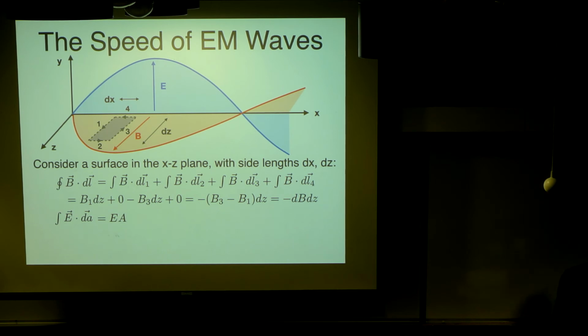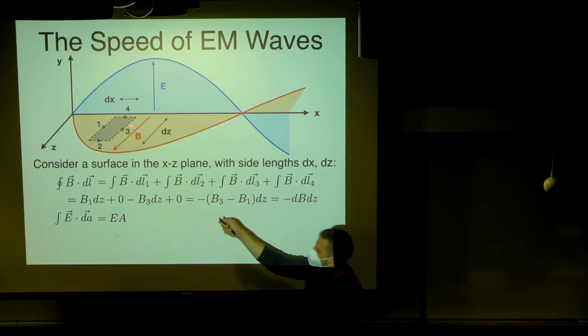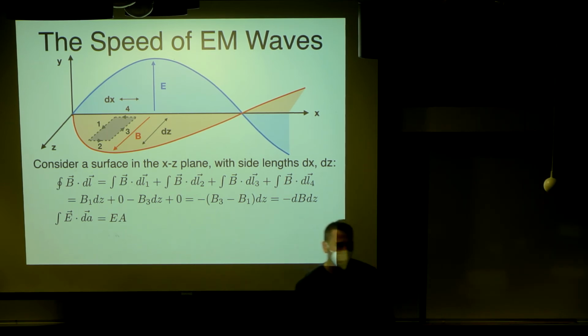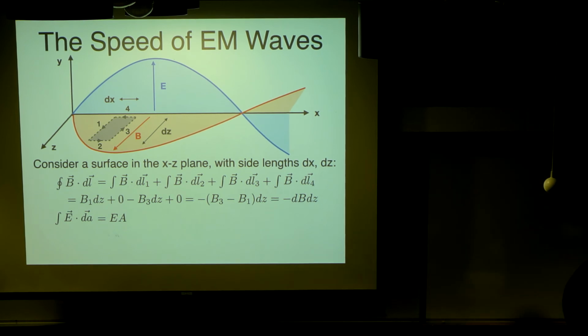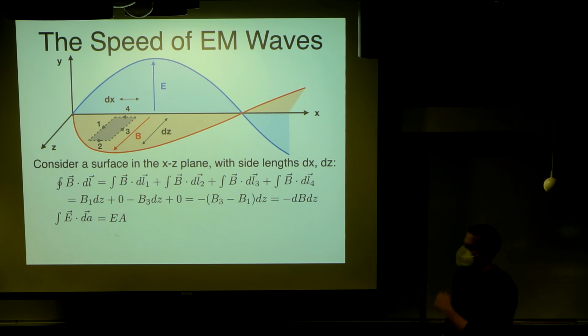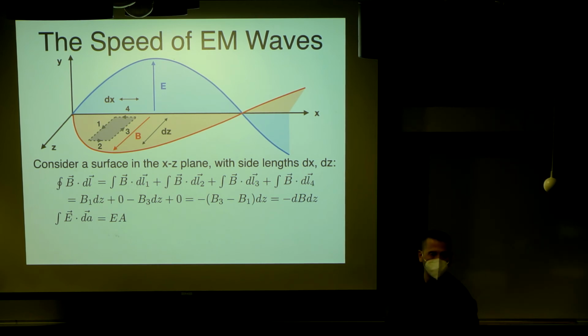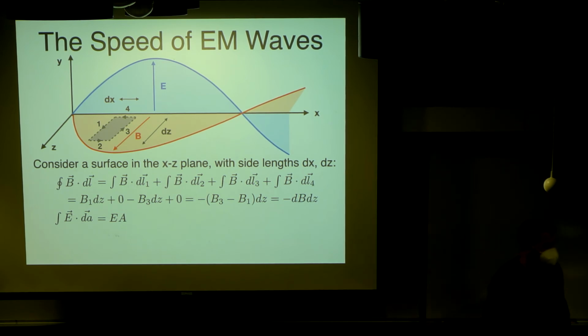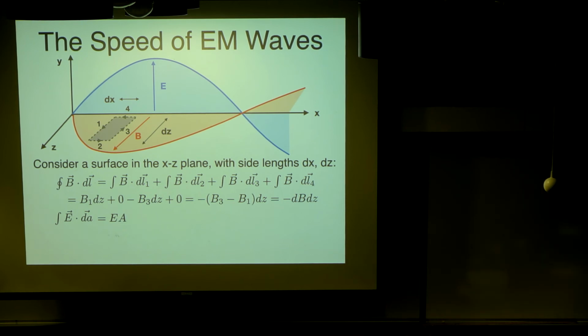Just to simplify, that's just whatever the electric field strength is here times the area. Just write it in that simplified way. How should I think of the area? Say again? Yeah, dx dz. Exactly. Because it's a rectangular area, we're just doing the length times the width once again.